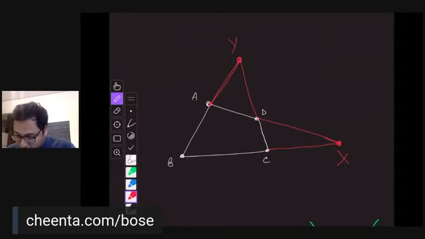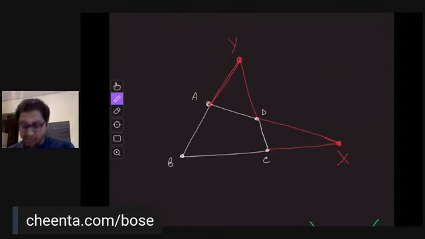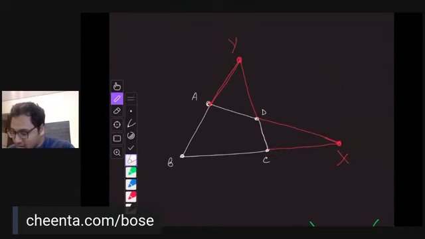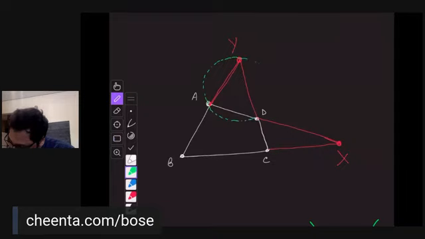Great. So what you do is you start drawing circles. So first two circles are kind of simple. You draw this one, and you draw another one like this.